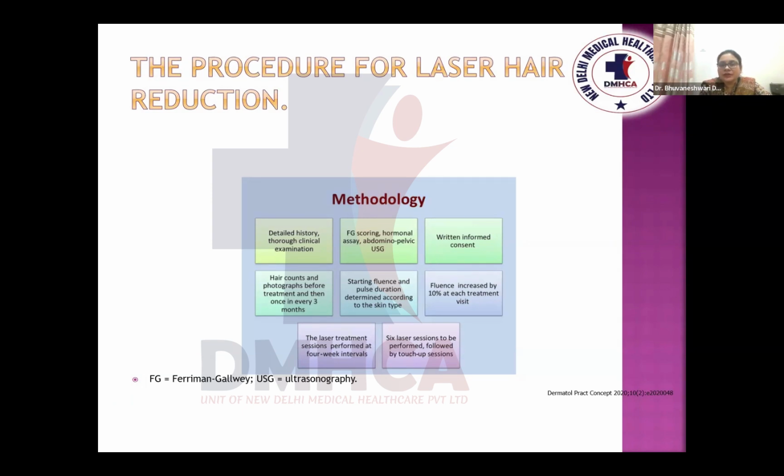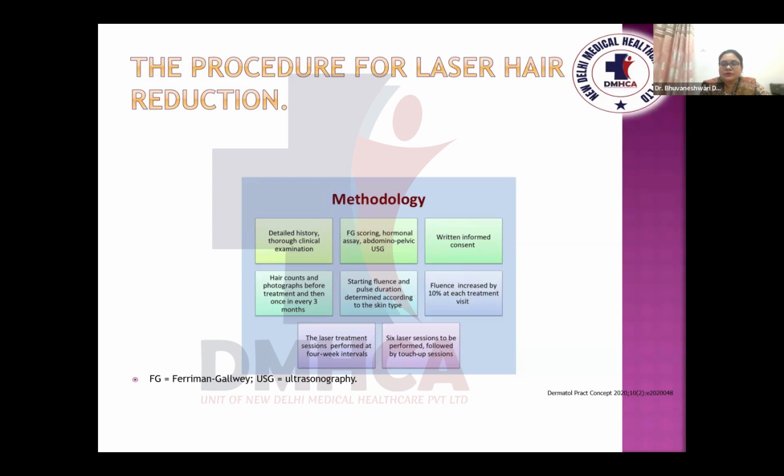We have to clinically examine the hair growth by Ferriman-Gallwey scoring, hormonal assay. Also, in case of polycystic ovarian syndrome, we should perform abdominopelvic ultrasonography. And before proceeding for the lasers, we should obtain informed written consent, hair count and photographs before treatment, and then once in every 3 months.